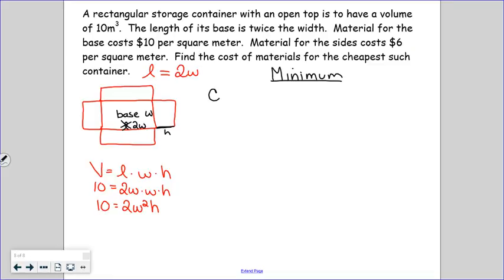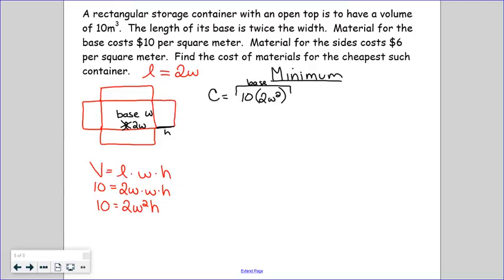So $10 times the area of the base would give me this first equation right here: 10 times the area of that rectangle, 2W times W, or 2W squared. And this right here would be the base of our container.